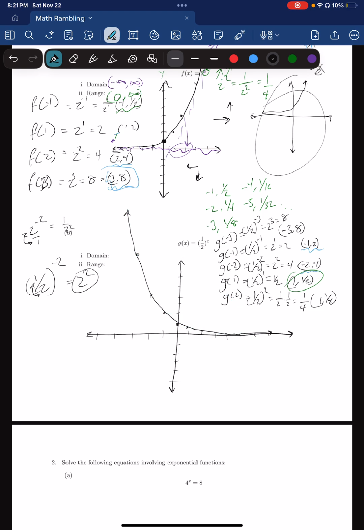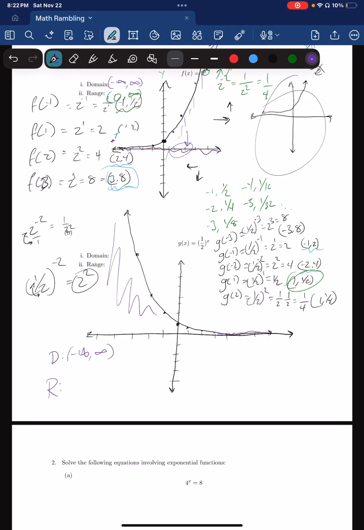Okay, awesome. Now, our domain and range. Our domain looks the exact same to me because we can, again, smoosh everything down to the x-axis. So our domain is from -infinity to infinity. Awesome.